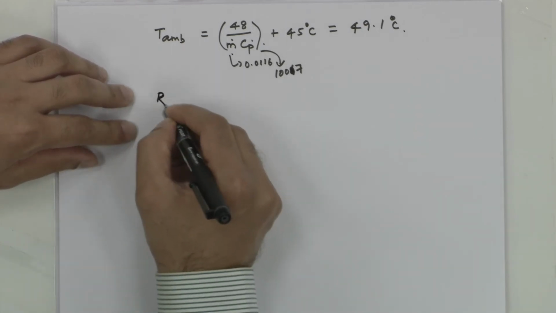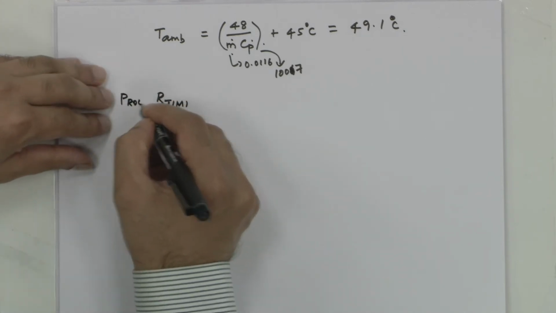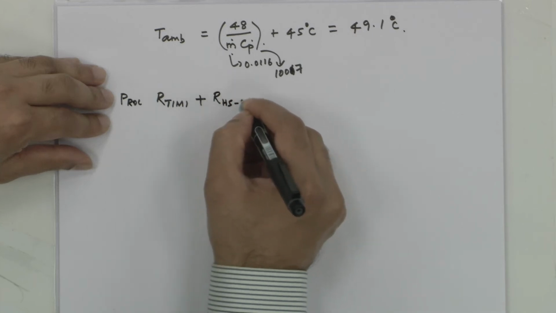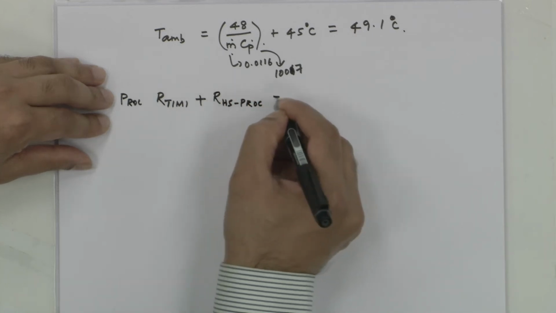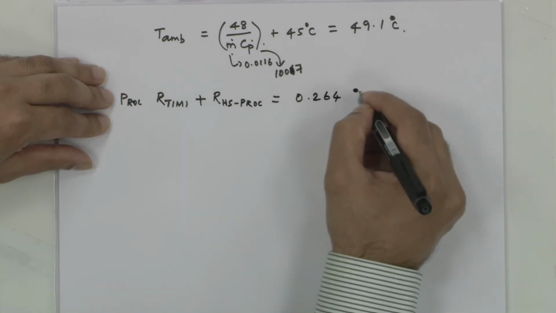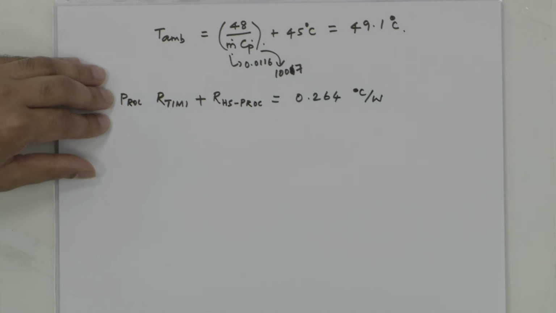We know that there is a TIM for the processor, and then we need to add the processor heatsink resistance, which turns out to be 0.264 degree C per watt based on our calculations.